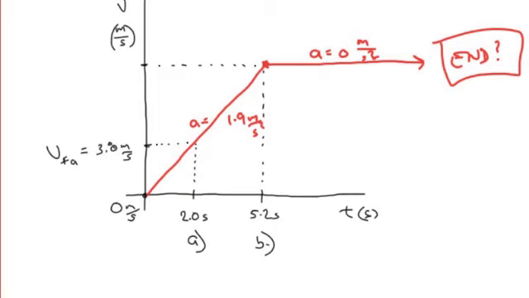Well, we said since the acceleration is 0 after 5.2 seconds, the end of the race velocity is the same as right there. So we could use 5.2 seconds and the acceleration rate to find out what the velocity would be. And we did that. We found that velocity final of part B is equal to 9.9 meters per second.